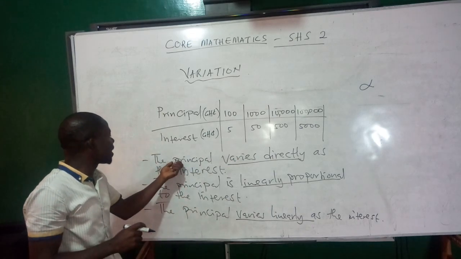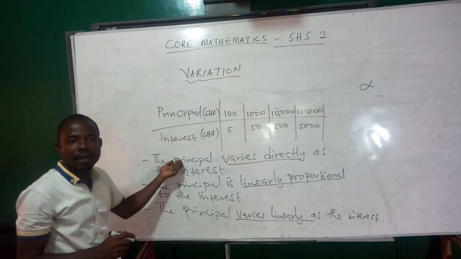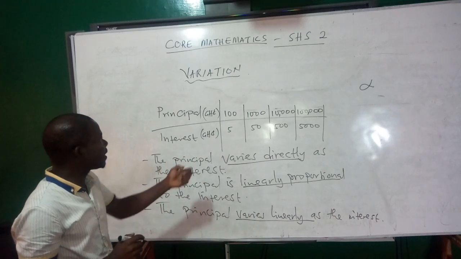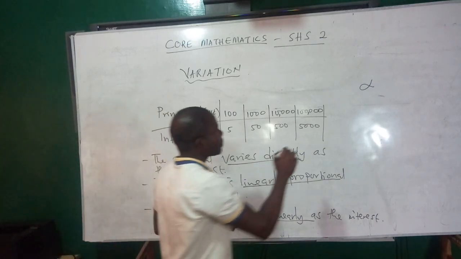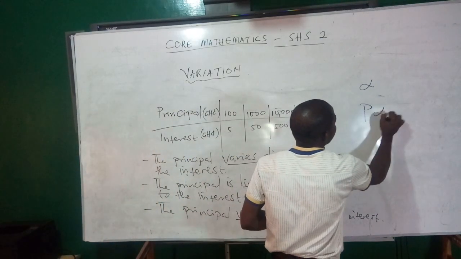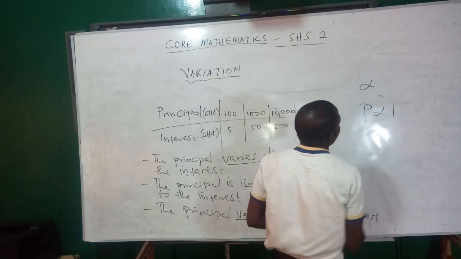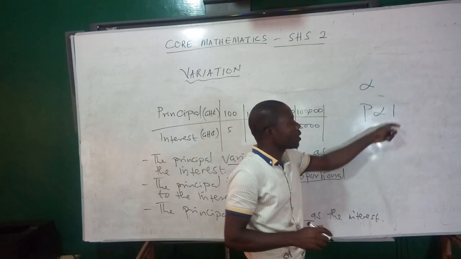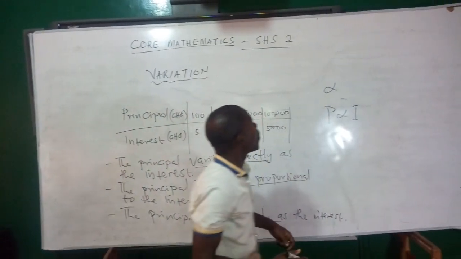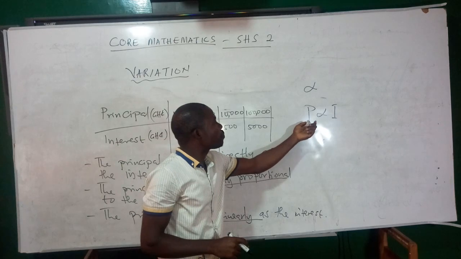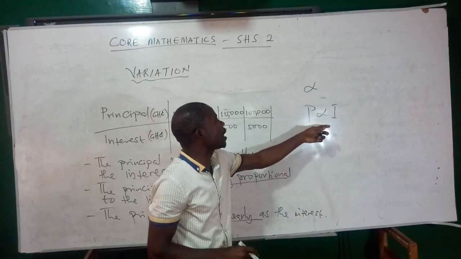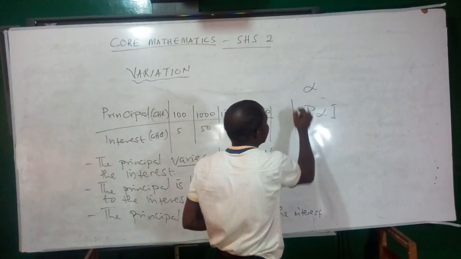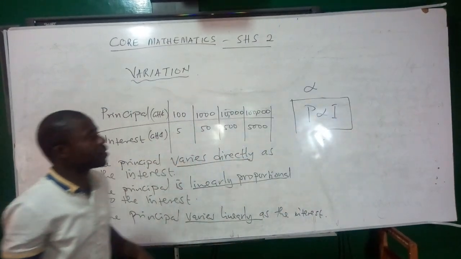When we use P to represent the principal, and I to represent the interest, this can be written as P is directly proportional to I, or P is linearly proportional to I. So this is how to write the statement mathematically.